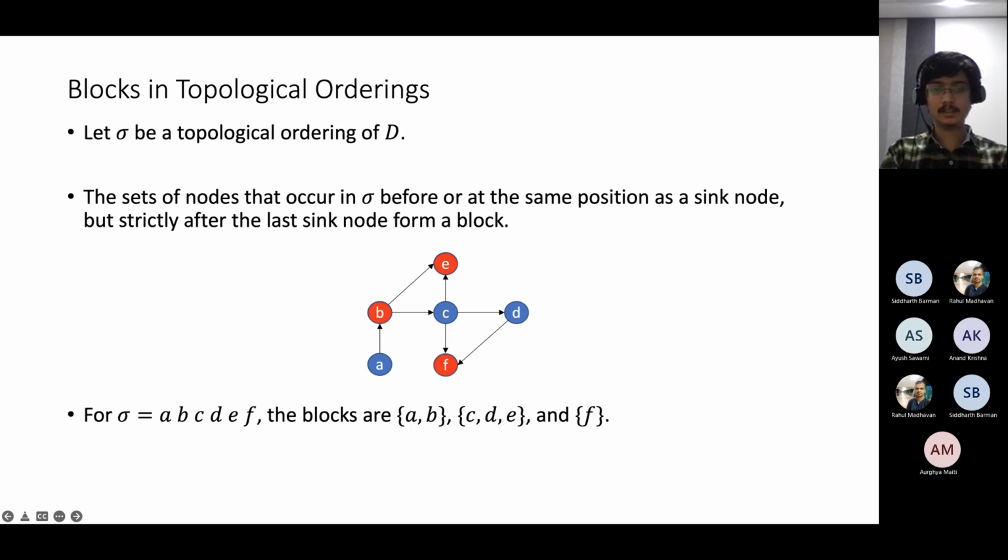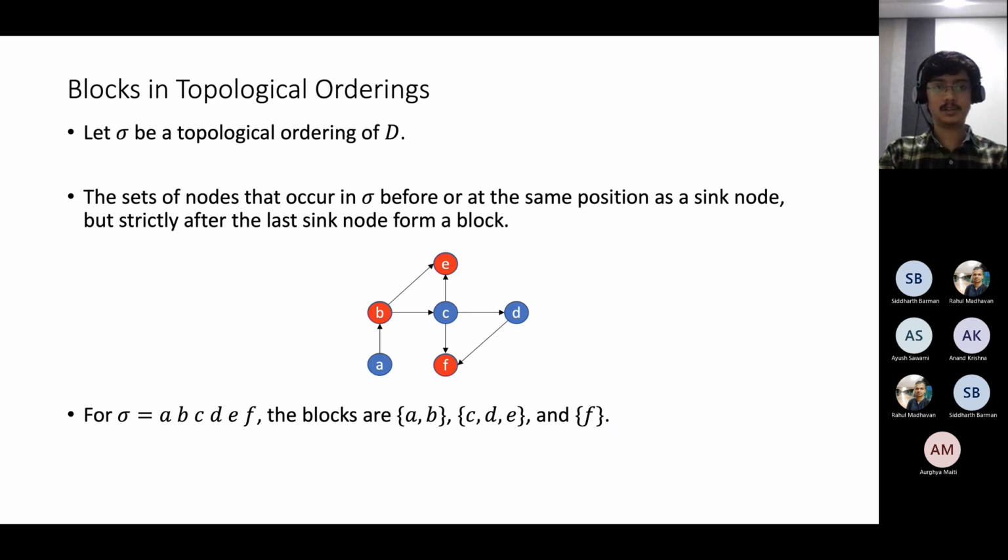Then E is a sink node, so the nodes occurring after B are C, D, and they must be before or at the same position as a sink node. Therefore, CD is a block, and F is a block. So blocks partition our topological ordering: AB, then CD, and F. It depends on the actual topological ordering and the set of sink nodes. I hope this definition is clear.